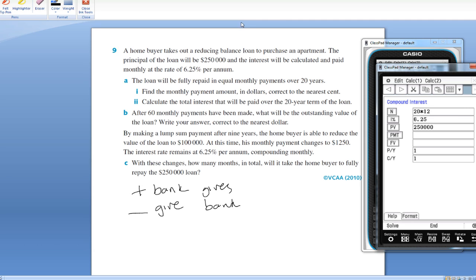Now, because it's being repaid, basically I'm saying the future value is going to be nothing, because I'll have nothing left. Now remember, we don't have to write that down as negative or positive because it's just zero. So now what we want to do, obviously I haven't even read the question, but I presume they're going to want us to find the monthly repayments. Find the monthly repayment, or find the monthly payment amount in dollars correct to the nearest cent.